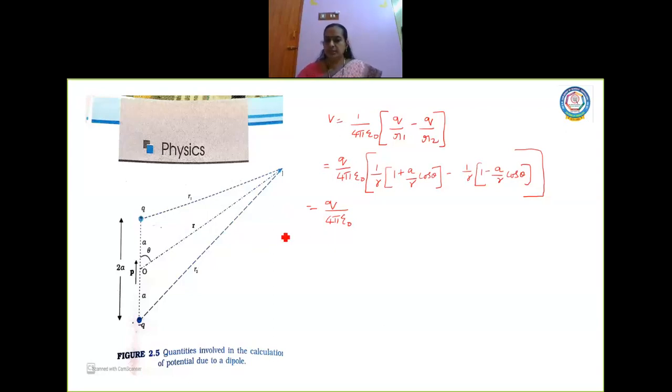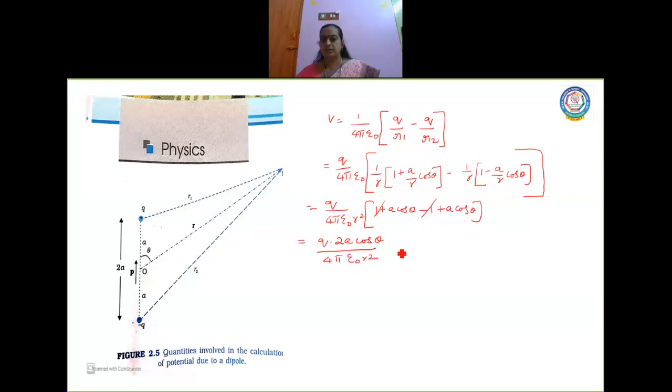Clear? So it is q by 4 pi epsilon naught r square. Inside I have 1 plus a cos theta minus 1 plus a cos theta. So minus 1 plus 1 gets cancelled. So here I have q into 2a cos theta by 4 pi epsilon naught r square.